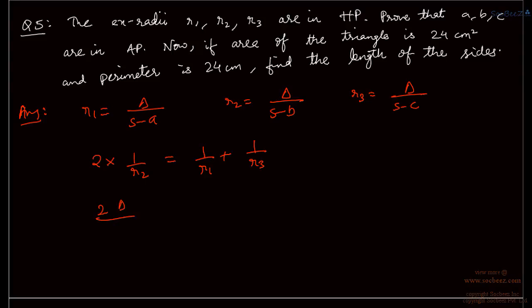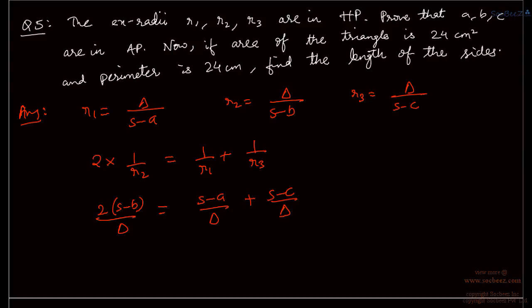So 2 into 1 by R2, that means this must be S minus B, and here delta is the denominator. Similarly S minus A by delta, S minus C by delta.